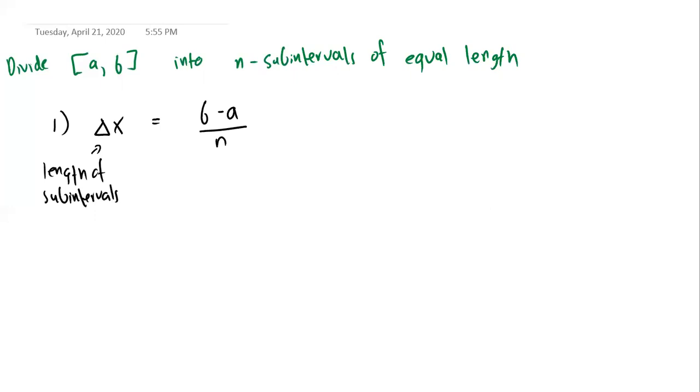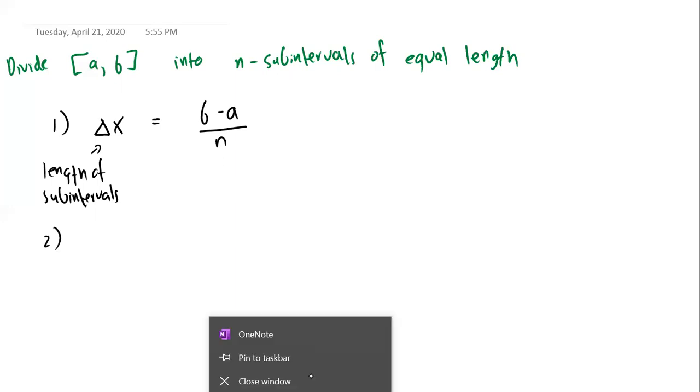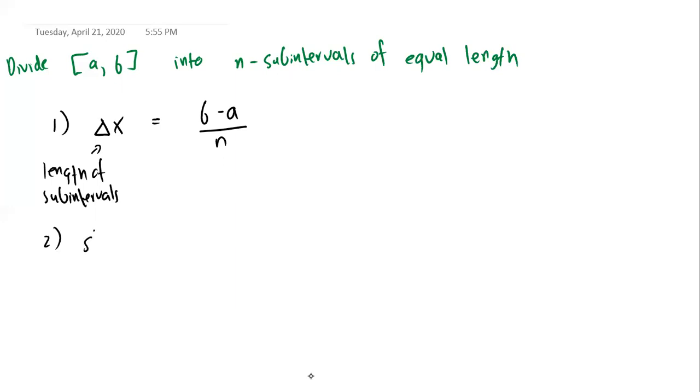Okay. Once you have that, how do you divide it? Well, you start at a. So start at the left endpoint, in this case a, and simply add change in x as many times as you need until you get to b.